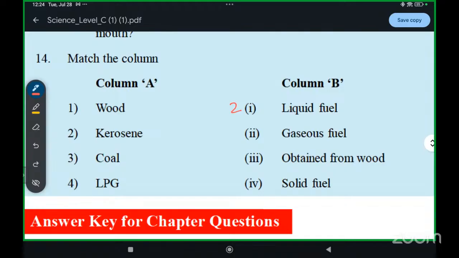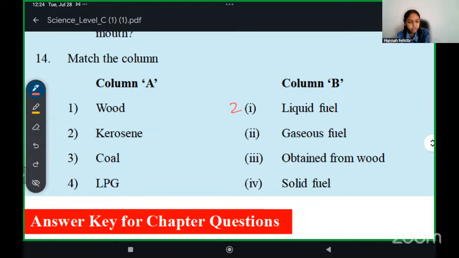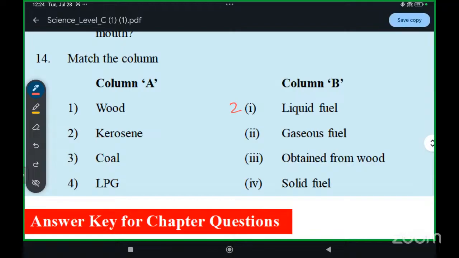Coal, Hannah. Ma'am, solid fuel. Solid fuel, and LPG, Abhijit. Ma'am, gaseous fuel. Gaseous fuel.